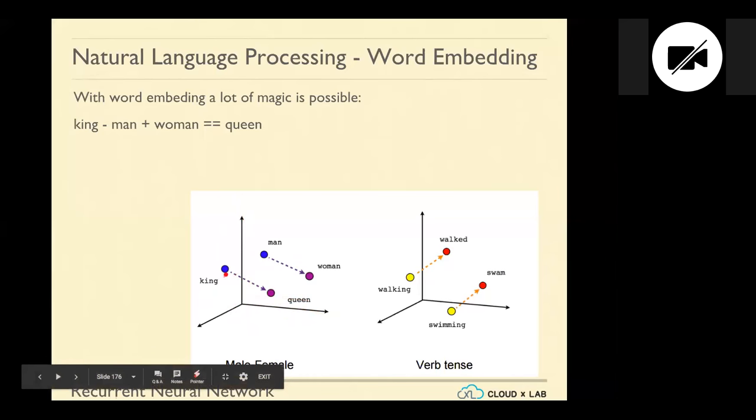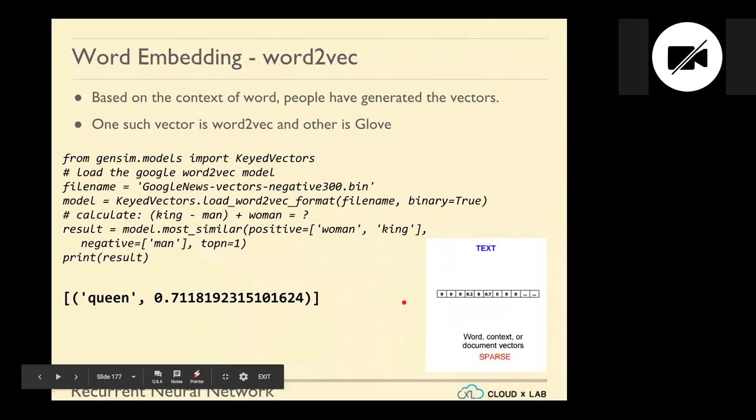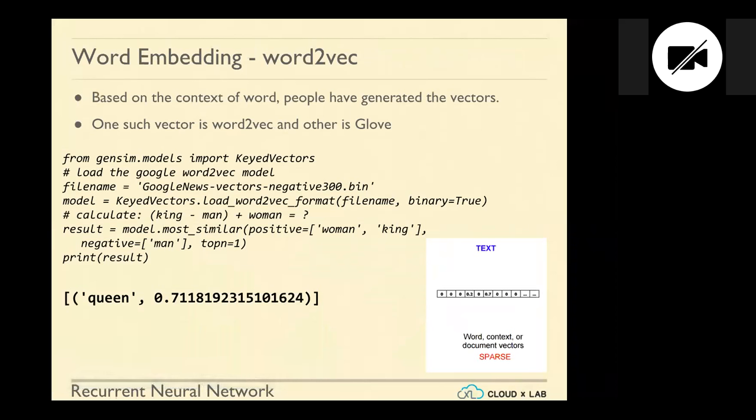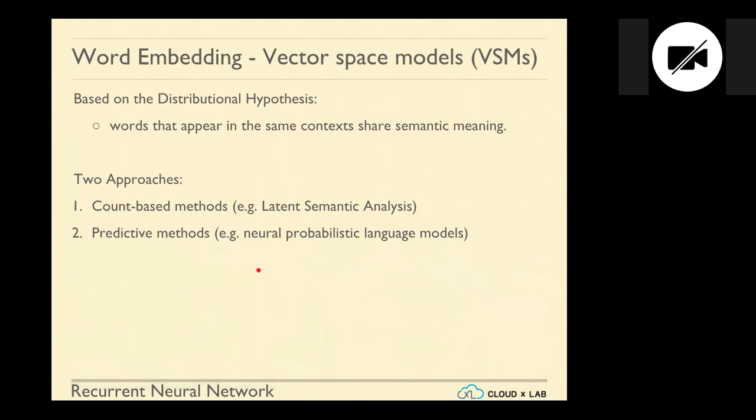So we are saying what king is to queen, man is to woman. Similarly, walking is to walked, and swimming is to swam. If we have the vectors representing the words, we should be able to do this. All right. So this is essentially what it means by word embedding.